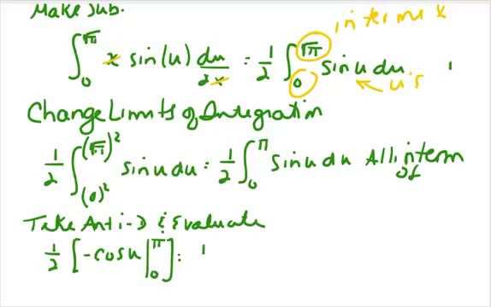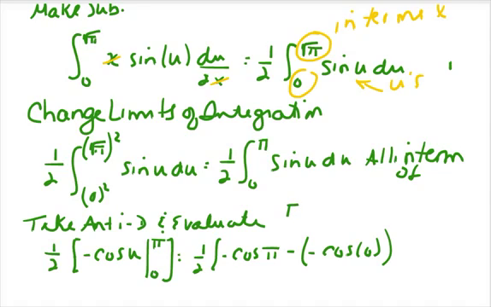And this is equal to 1/2 times minus cosine of pi minus cosine of 0. Keep your sign straight here. It's very important to keep your sign straight. Remember the fundamental theorem of calculus is f of b minus f of a, where a and b are the upper and lower limits.